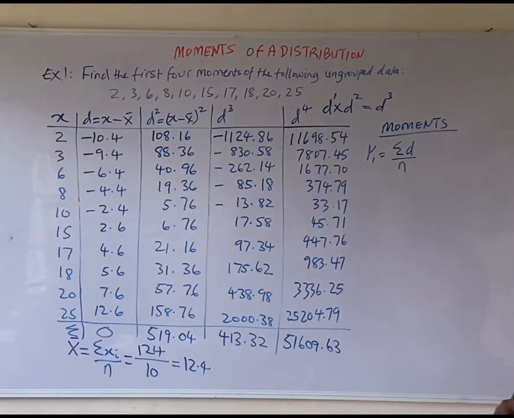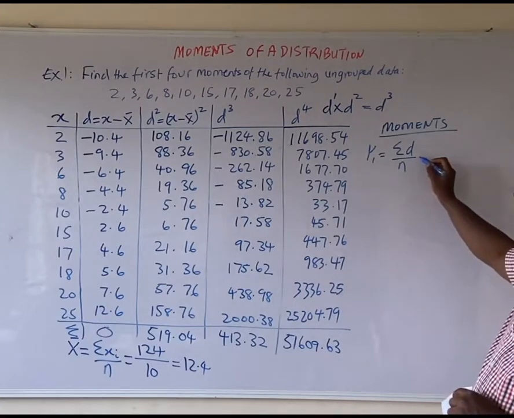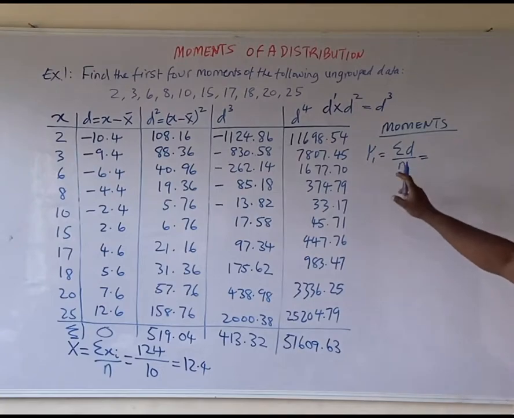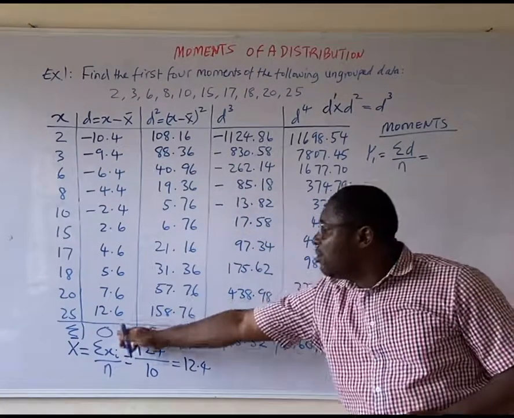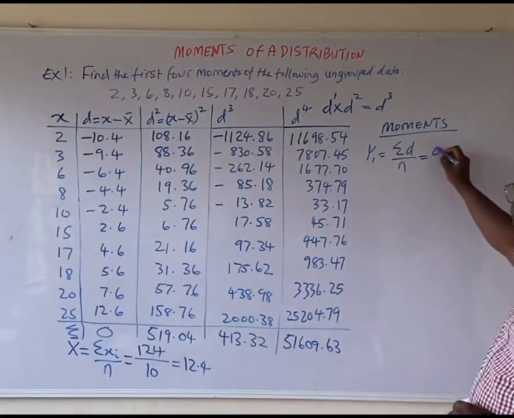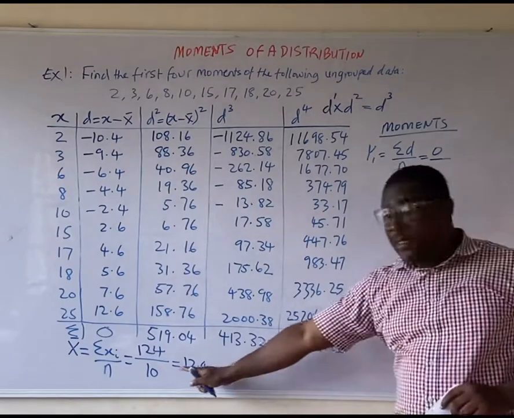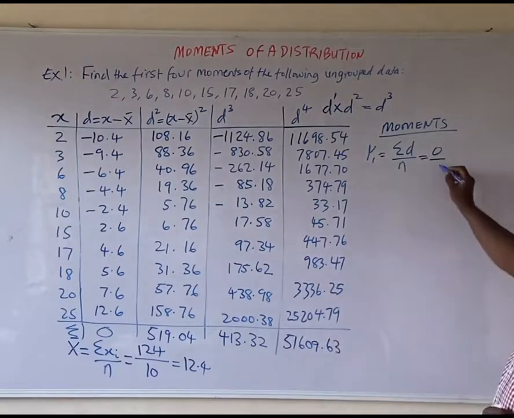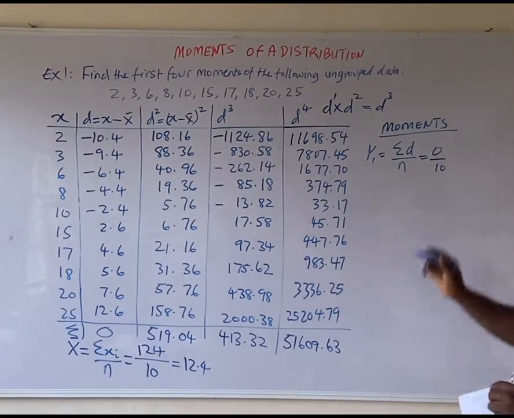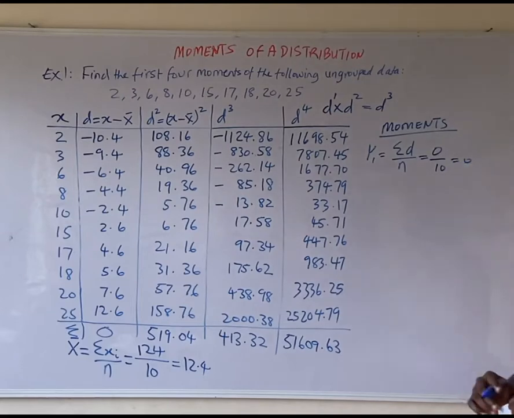Summation d is 0. So this will be 0 all over, what is our n? Our n is 10, and that will give us 0.